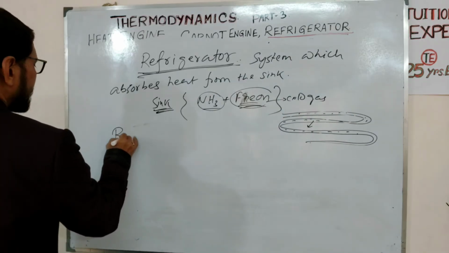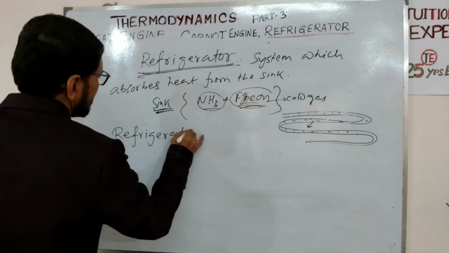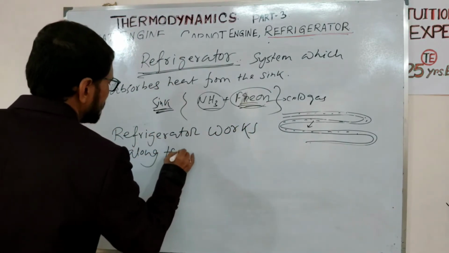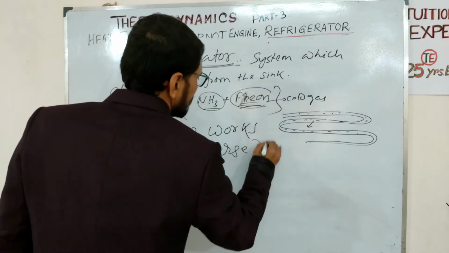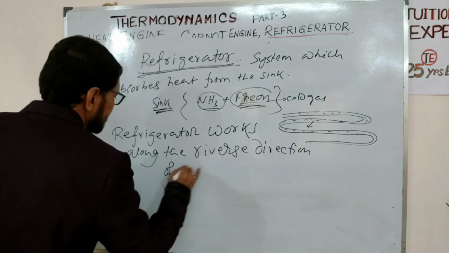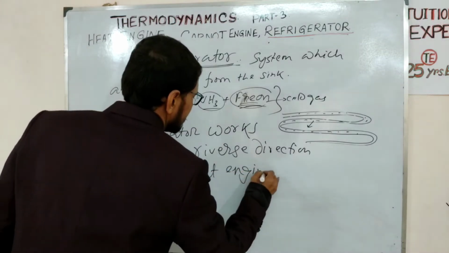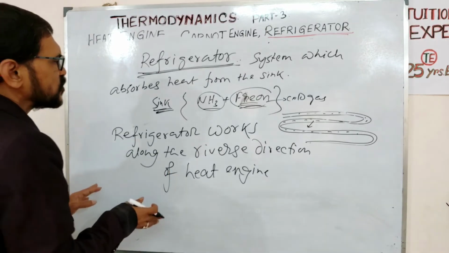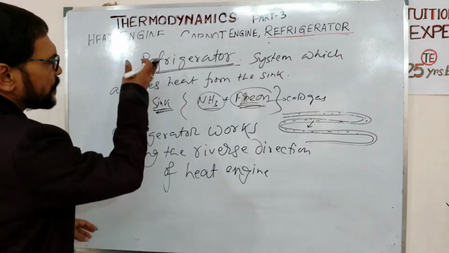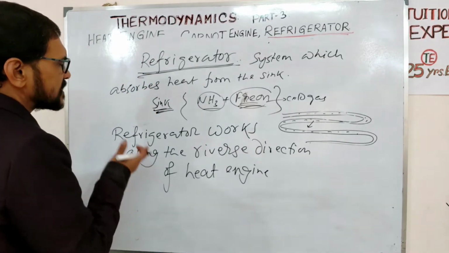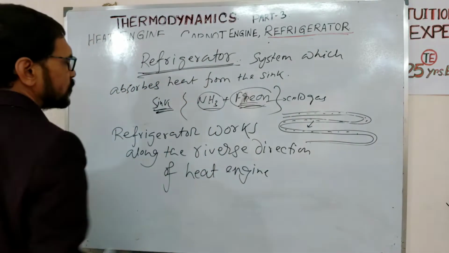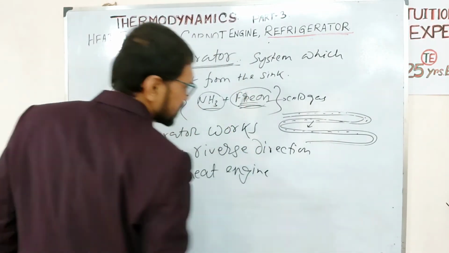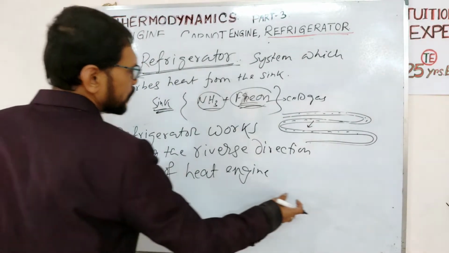Actually, a refrigerator works in the reverse direction of a heat engine. That is, the direction should be reversed. The refrigerator is a system which takes heat from the sink to the source, so the direction of heat flow is from the sink to the hot body. Generally, heat flows spontaneously from a hot body to a cold body, but in a refrigerator heat flows from cold to hot body.